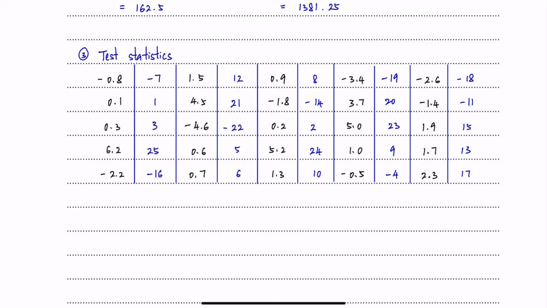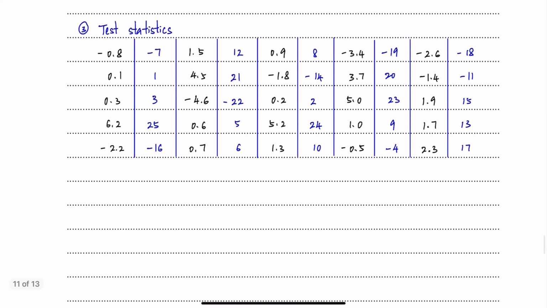So now we can start finding the p-value and our q-value. The p-value is the sum of the positive ranks, and the q-value would be the sum of the negative ranks, all the negative ranks.